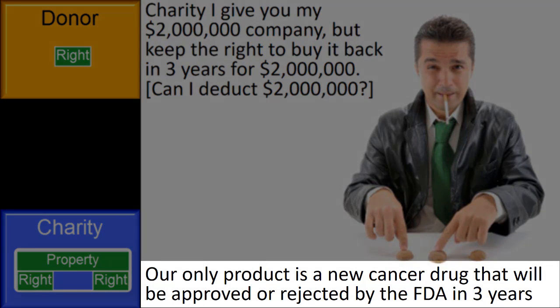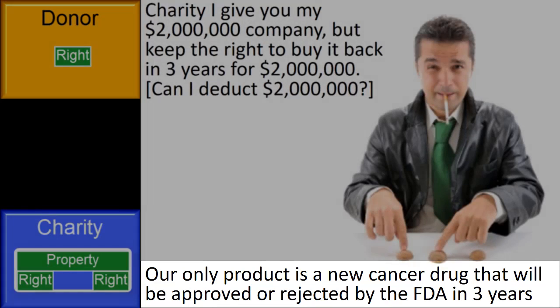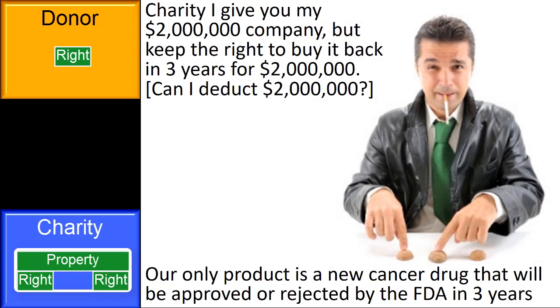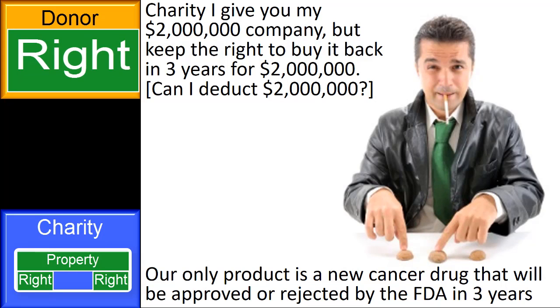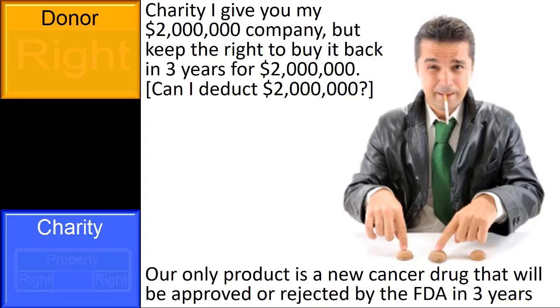Suppose that the corporation's only product was a single new cancer drug that would be either approved or rejected by the FDA in 3 years. If approved, the $2 million of stock would be worth $200 million. If rejected, the $2 million of stock would be worth $0.